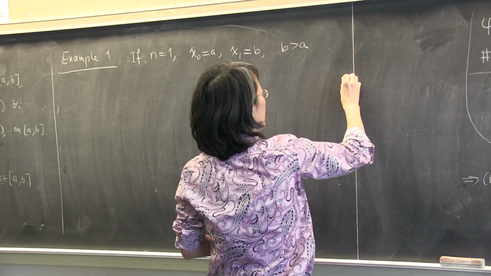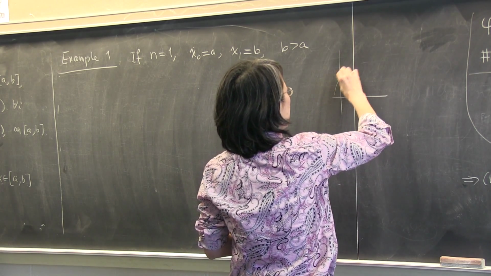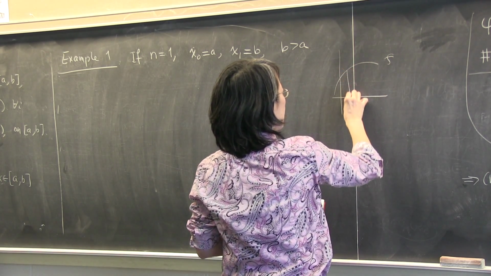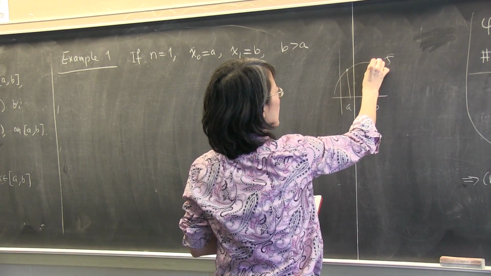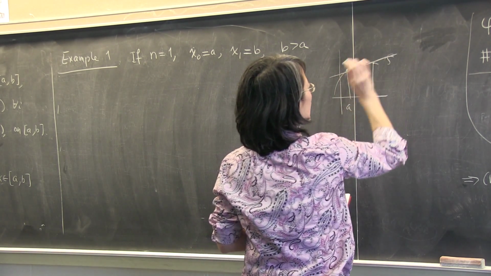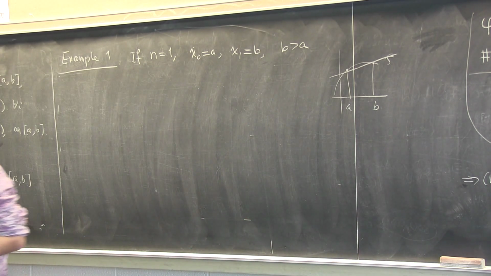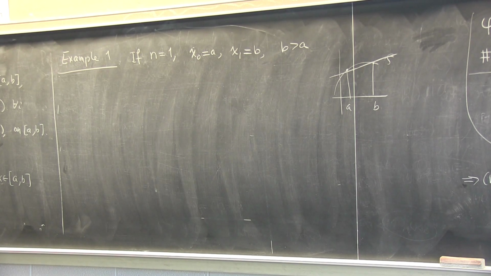If you want to have a graph, I have a function f like that, and you have 2 points, a and b, and you are interpolating through 2 points, which means you're approximating by a linear polynomial, right? And I want to see how big is the error on the interval from a to b.